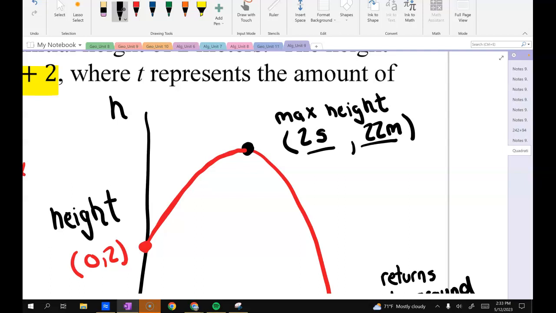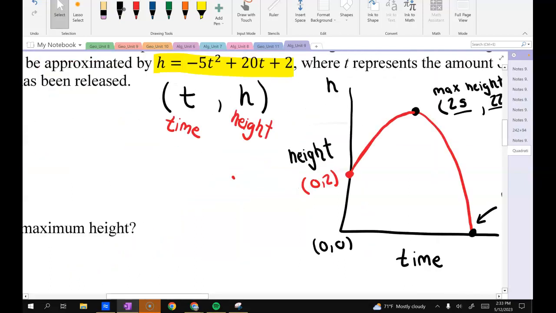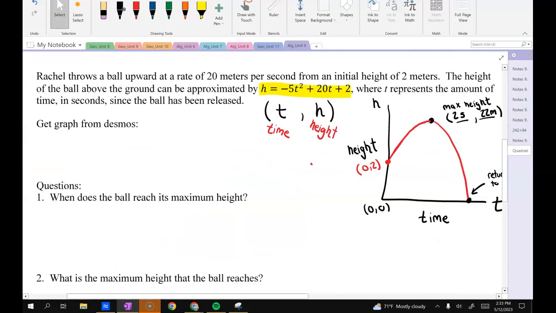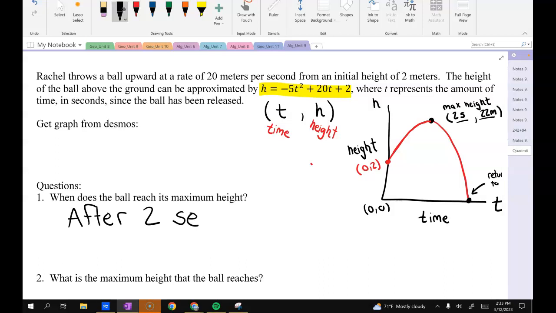When does the ball reach its maximum height? Well, this is the path of the ball at its maximum height. 2 seconds have passed. So for question number 1, we'll write after 2 seconds.